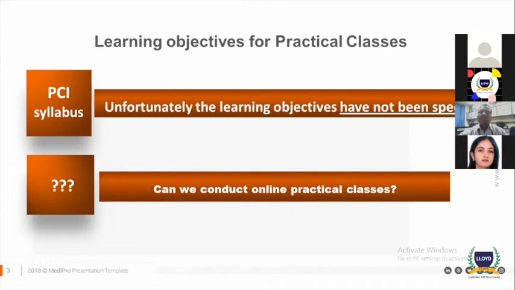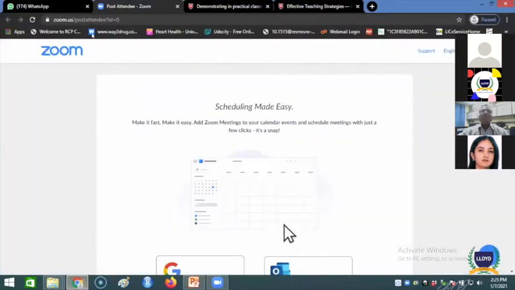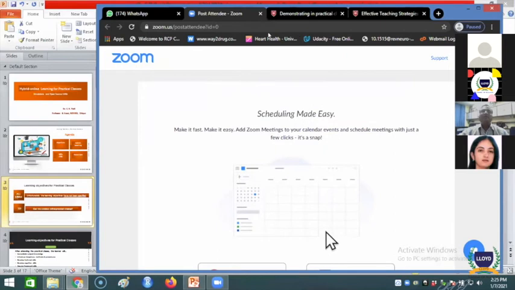I visited multiple websites of top foreign universities, and I came across the website of Leicester University. There we can find a set of learning objectives for practical classes. I'm trying to share that particular screen with you.